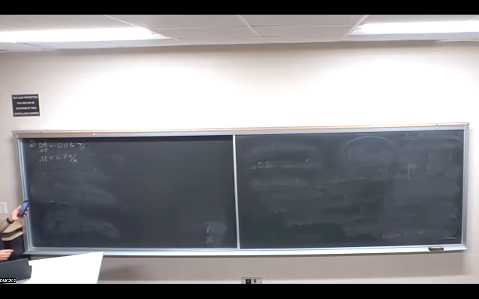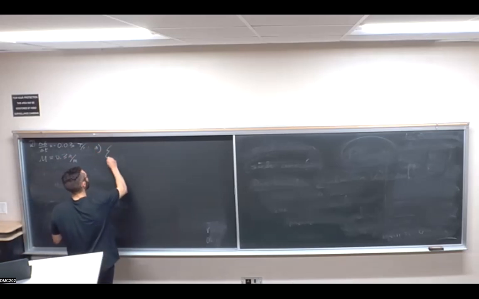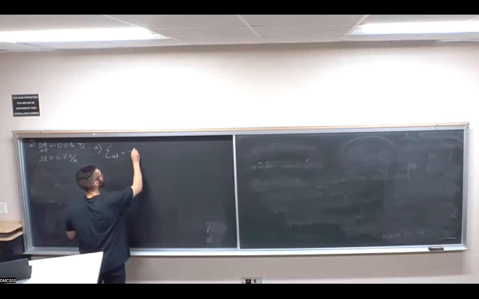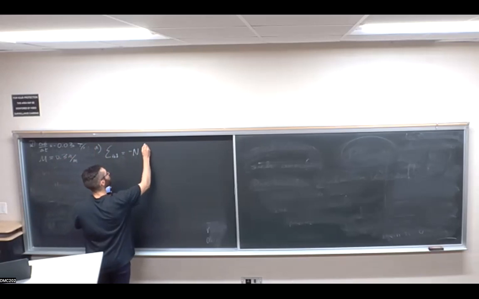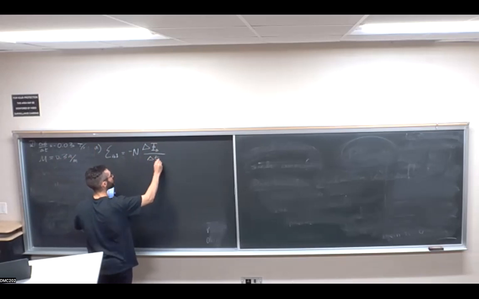So in part A, we're going to use Faraday's law. This is a change in B. It's decreasing. So the induced EMF is equal to minus N delta Φ over delta t.